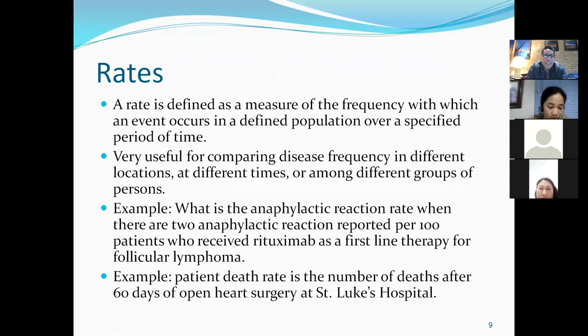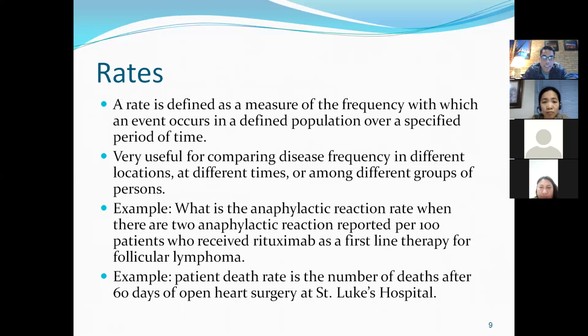And what we typically use rates for in reporting epidemiological statistics is when we're trying to compare disease frequency in different locations at different times or among different groups of persons.